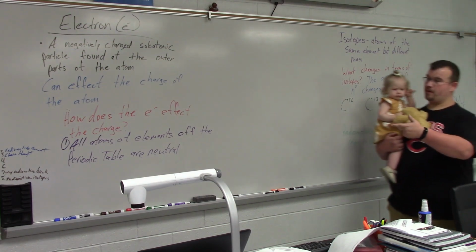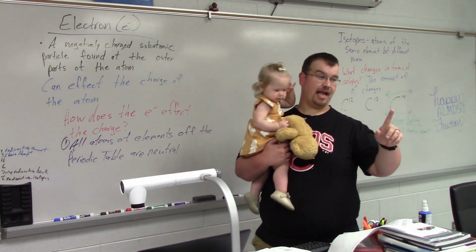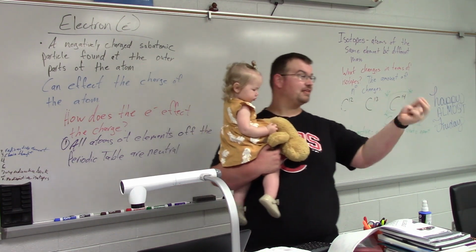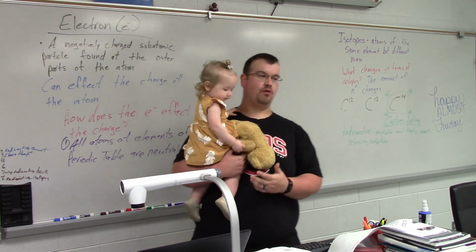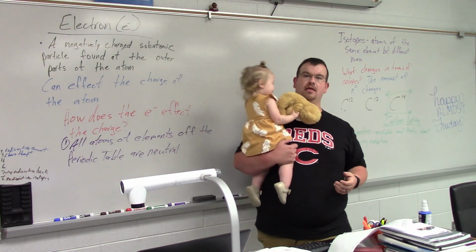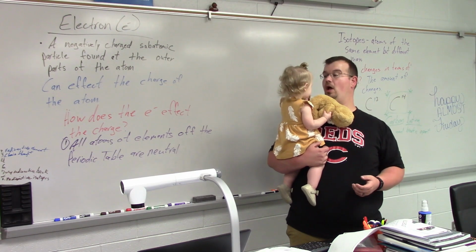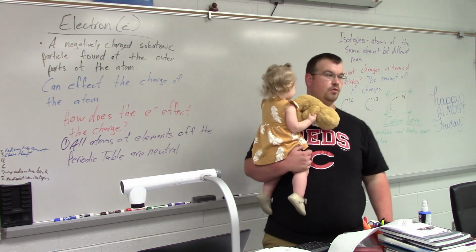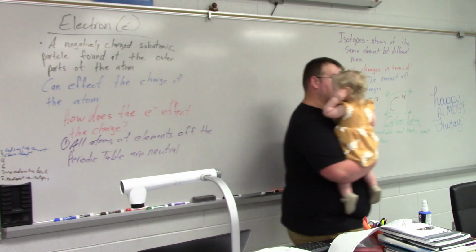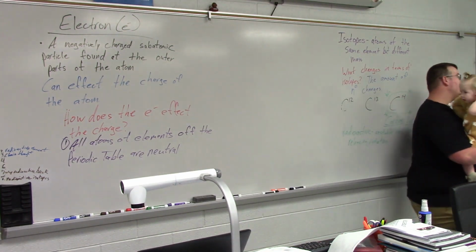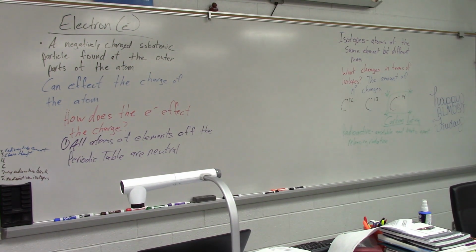But remember it this way. Electrons are negative. Protons are positive. I have to have the same number of positives as negatives in order for it to be neutral. So every element, as soon as we pull it straight from the periodic table, is neutral: no charge, same number of protons as electrons.